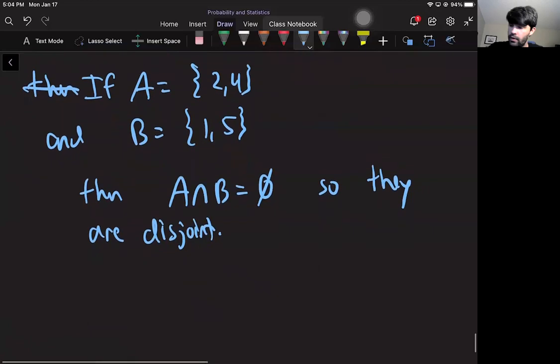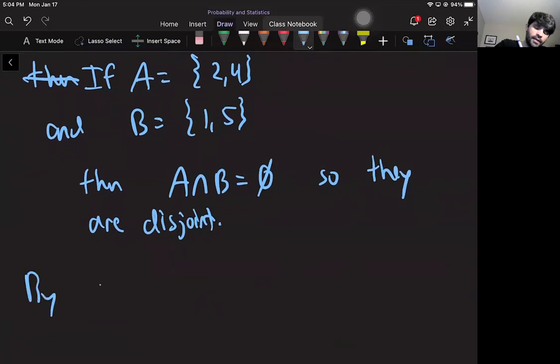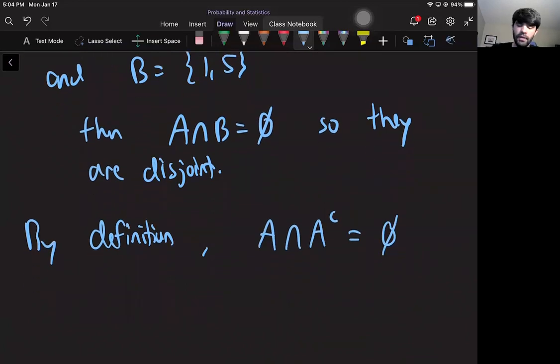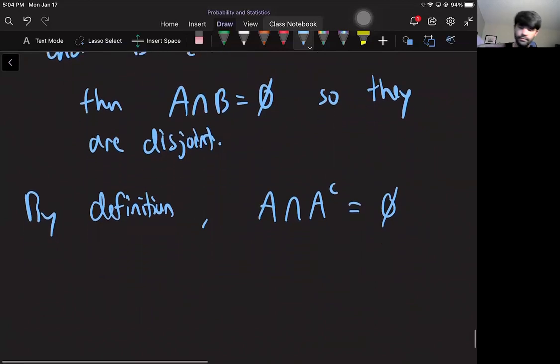One interesting thing to notice is that by definition, we can always say that if you do A intersect A complement, that is always going to be the empty set, because by definition, the complement has what A doesn't have. They're opposites of each other.